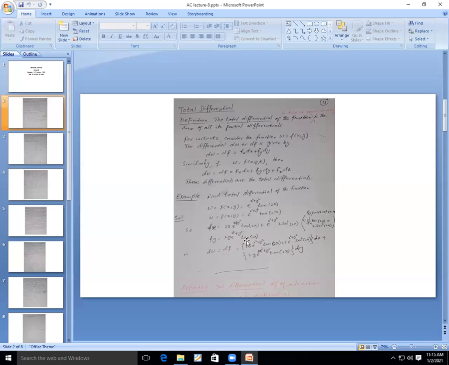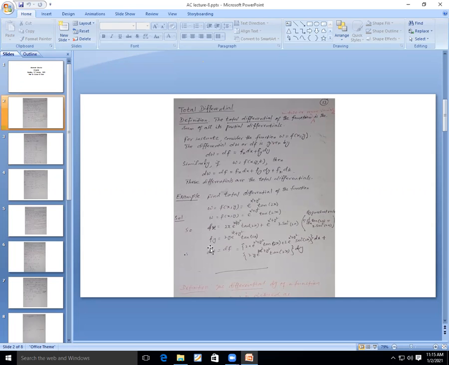The second function, keep this as constant because it's a function in x. In partial differentiation, when we differentiate with respect to one variable, we keep the other as constant. Here this tangent 2x will remain the same.